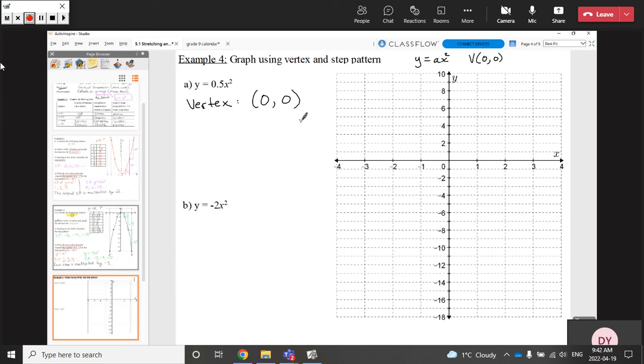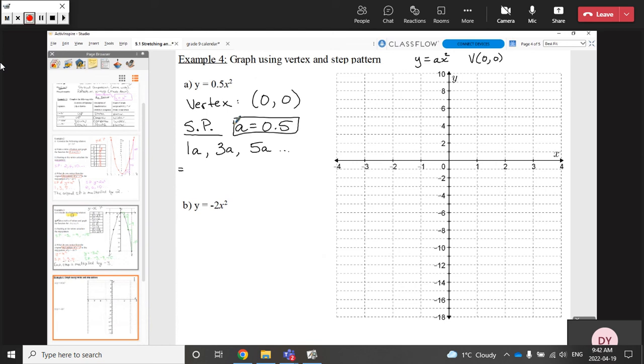Now, our step pattern. The way in which we calculate the step pattern is by multiplying that original step pattern, 1, 3, 5, by whatever the a value is. So we're essentially doing this: 1 times a, 3 times a, 5 times a, and then it'd be 7 times a, and so on. But I think 1, 3, 5 is enough. So our a value we know is 0.5.